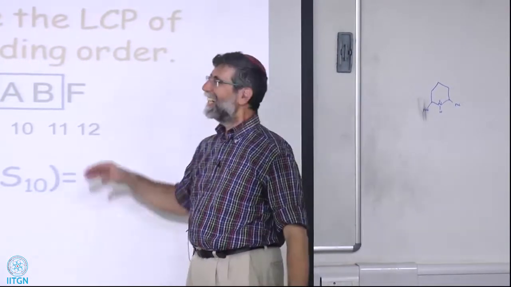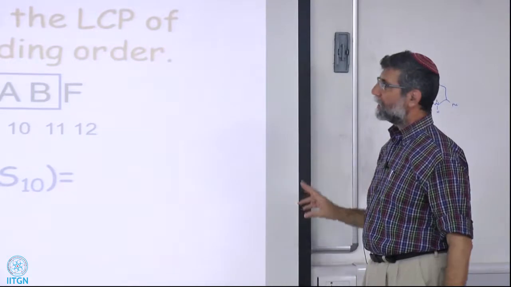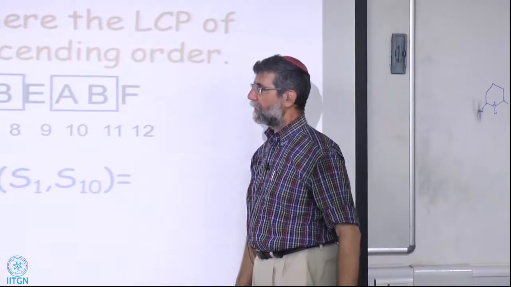So I1 through IK are indices where the LCP of all pairs is the same, and we keep them in ascending order.